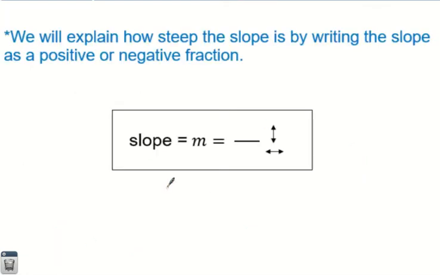And the variable is m. Slope is a fraction where it's about the rise over the run. Again, it's how much you go up or down compared with right or left.